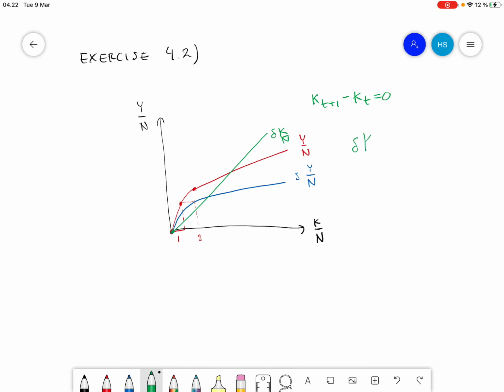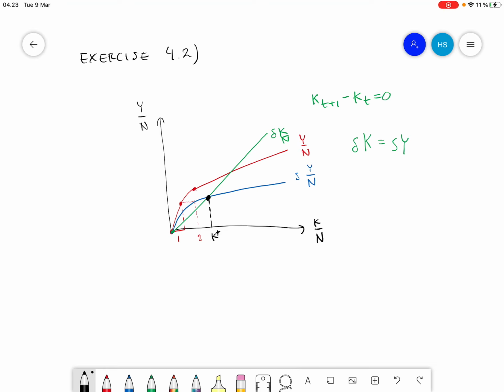Well, this is the case whenever depreciation of capital equals savings. And where does savings equal the depreciation of capital? Well, savings equals depreciation of capital wherever this green function intersects the blue function.